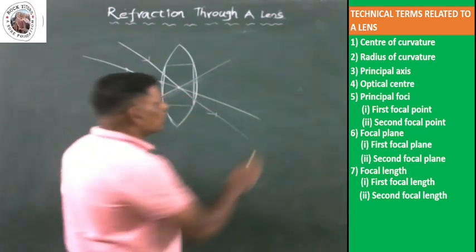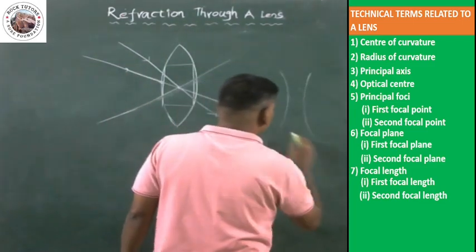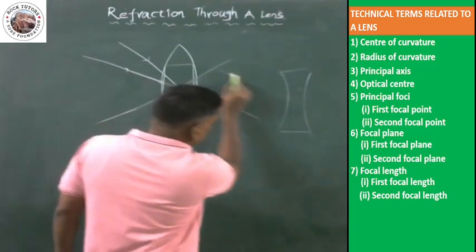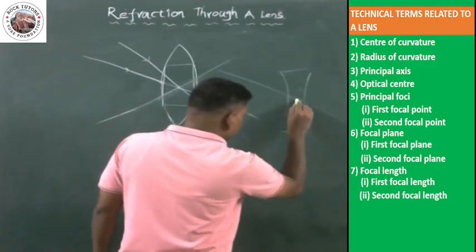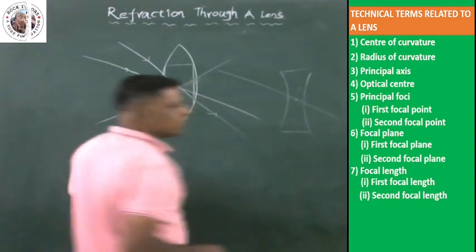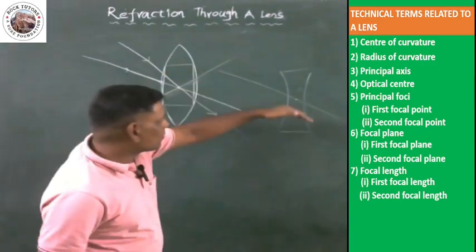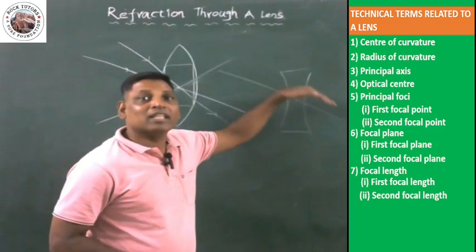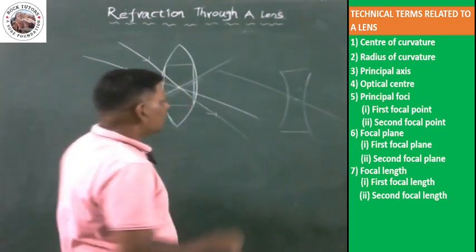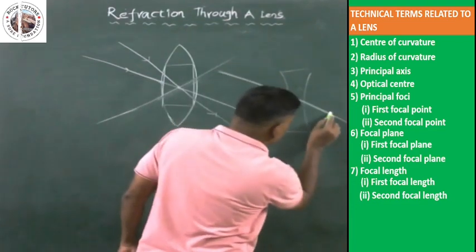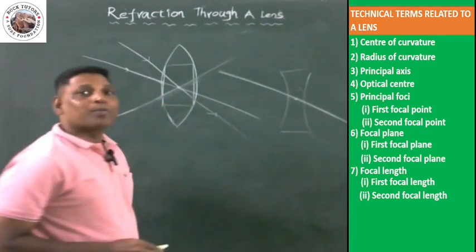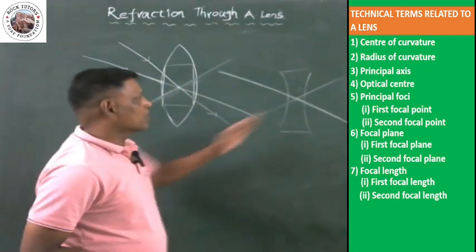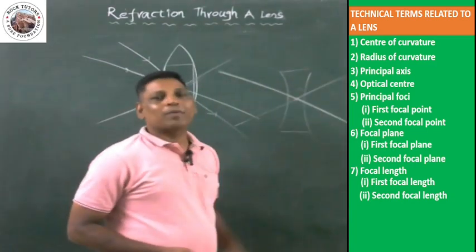For a concave lens also, the light passes through this point without deviation, so this point is called the optical center. Here also, like this, this point is the optical center.